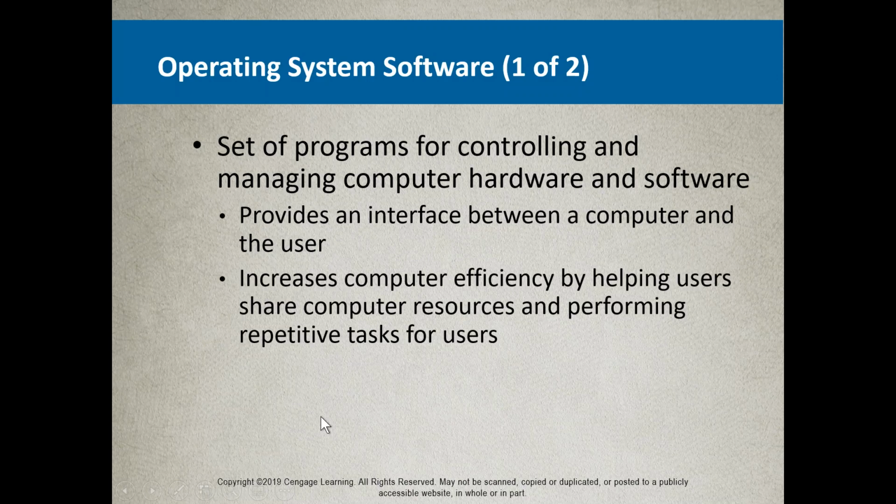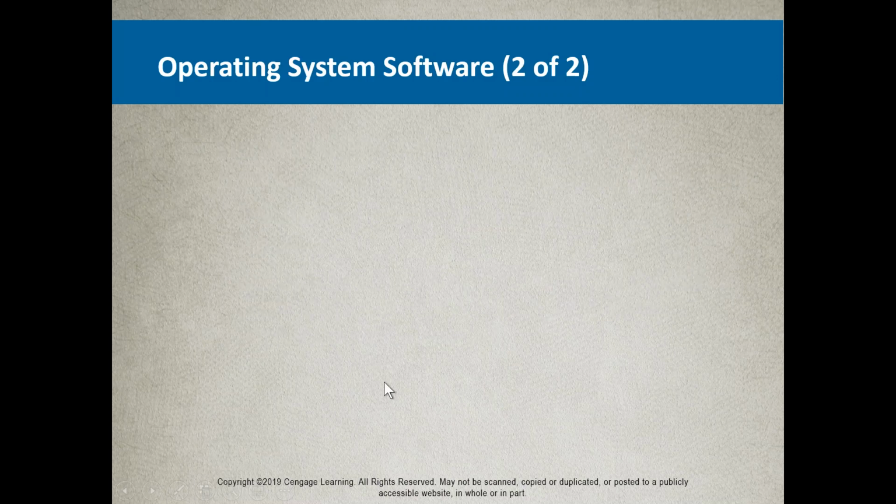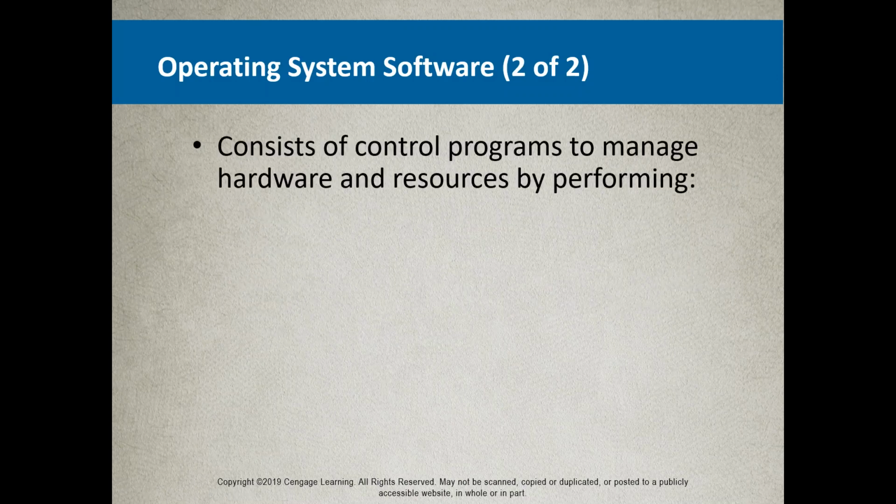And again, it helps to make the computer more efficient. It helps them control their files, helps to control the peripherals, helps to talk to those different devices. So again, the operating system helps control these programs and manage the hardware resources by performing job management.